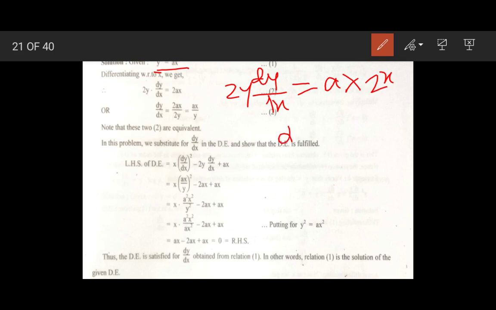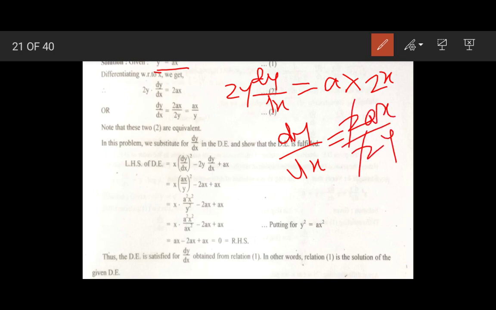So dy upon dx is equal to 2ax upon 2y, so 2 cancels, so that is equal to ax upon y.